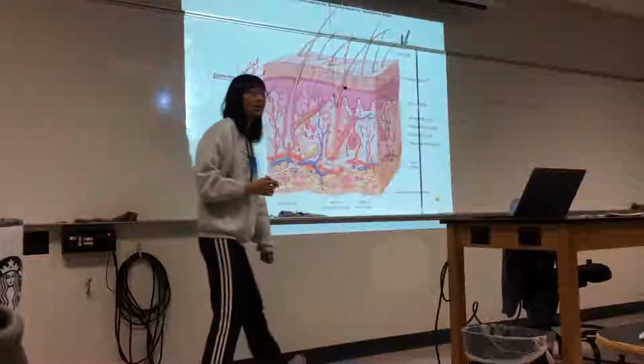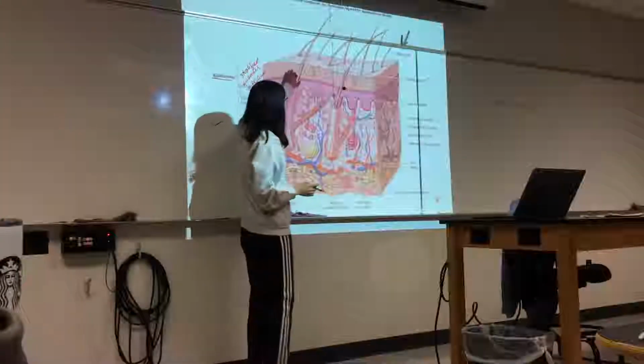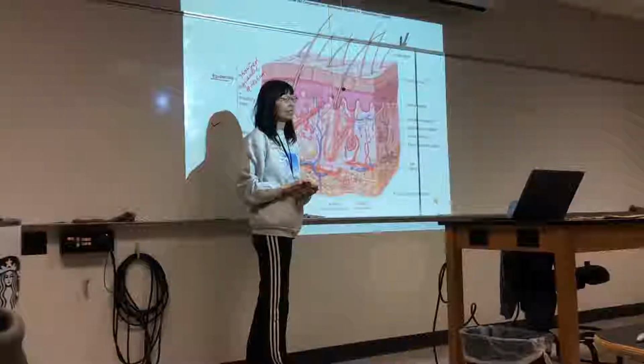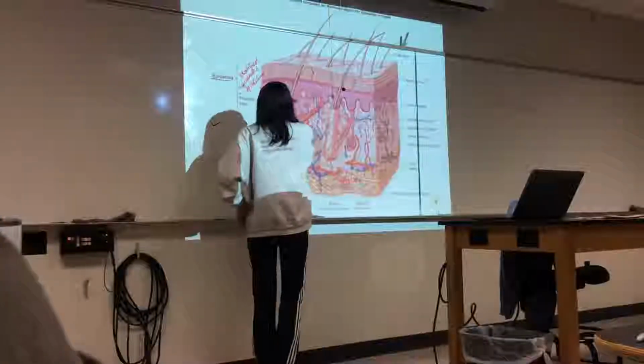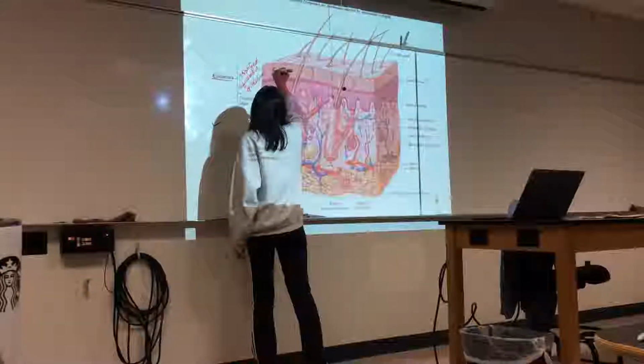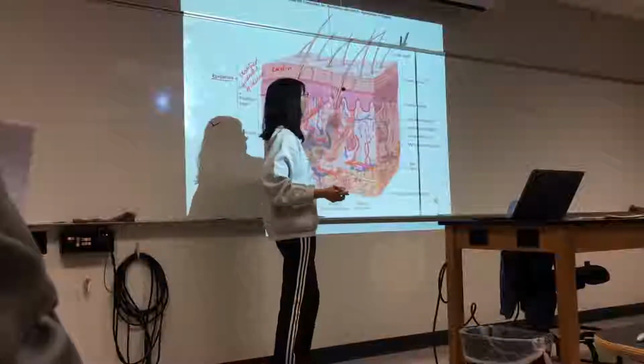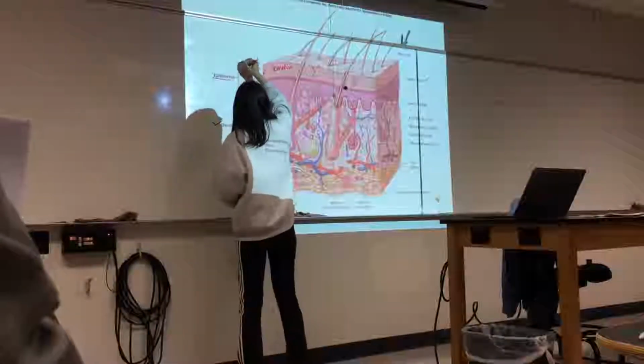Does that make sense? Okay, now, this thing here is only found on dry skin, correct? Look at dry skin. So what is this thing here called? Keratin. Right, so that's keratin. So when you see it, we call it keratinized.